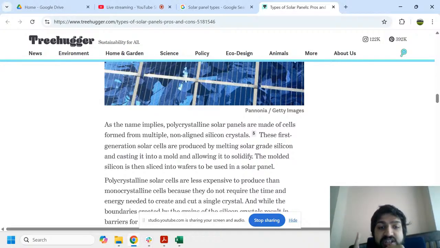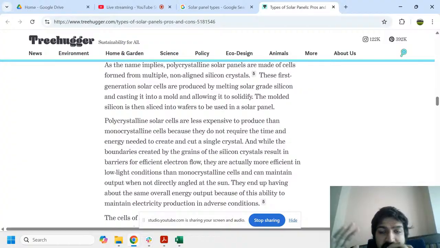These first generation solar cells are produced by melting solar grade silicon and casting it into a mold and allowing it to solidify. The molded silicon is then sliced into wafers to be used in a solar panel. These are less expensive than monocrystalline cells because they do not require the time and energy needed to create and cut a single crystal.